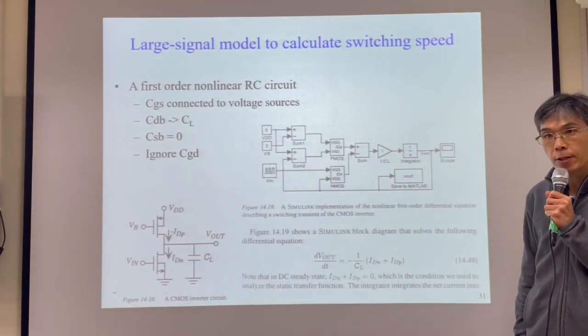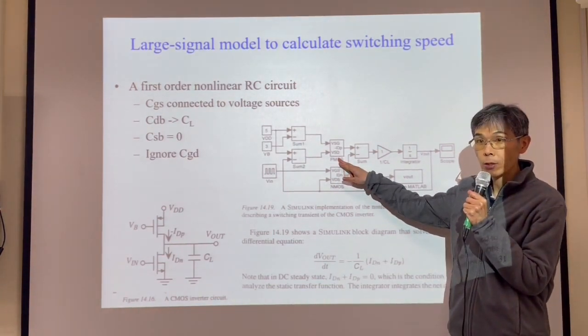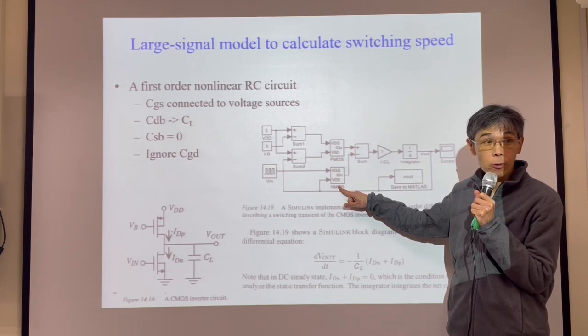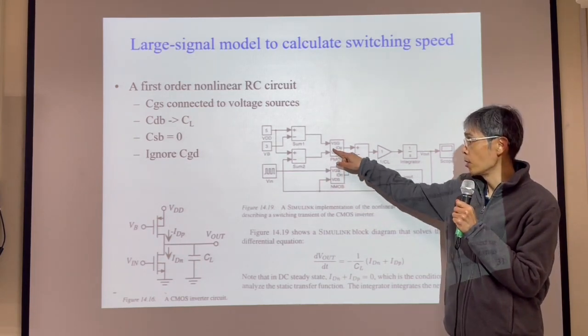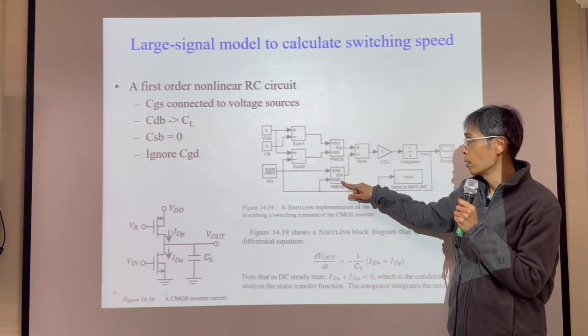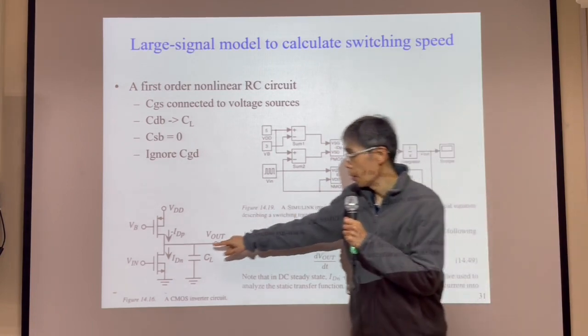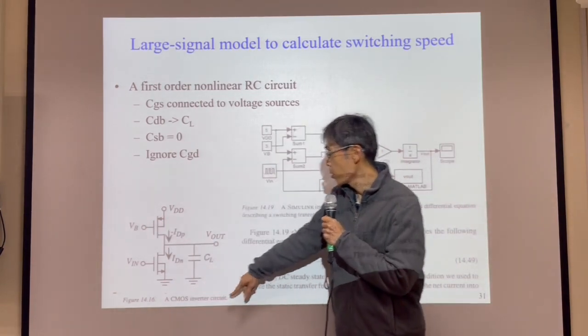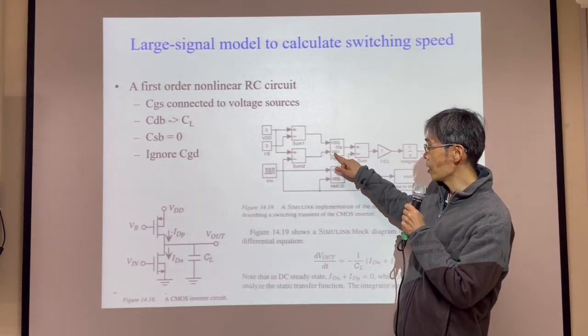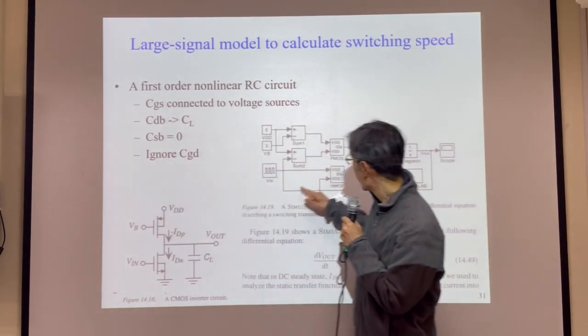Then for the large signal model, we have the PMOS large signal model and the NMOS large signal model. So we have a sub-function to model this system behavior. For PMOS, the two inputs are VSG and VSD.